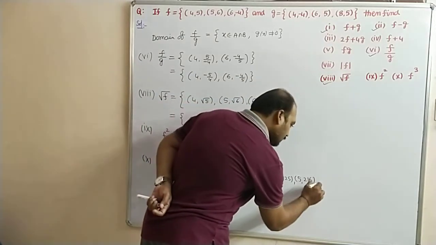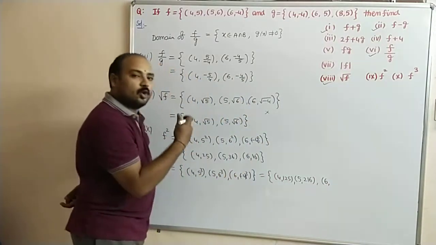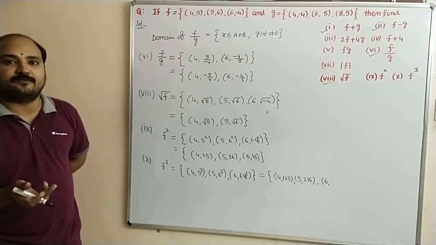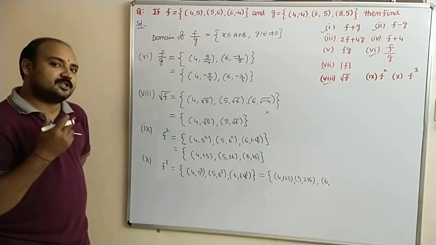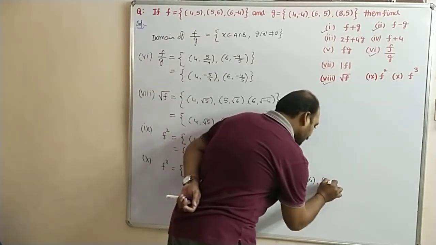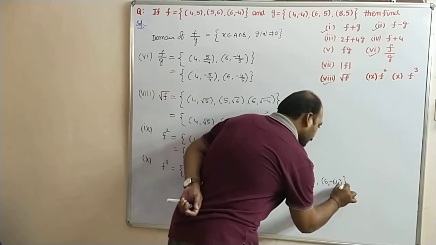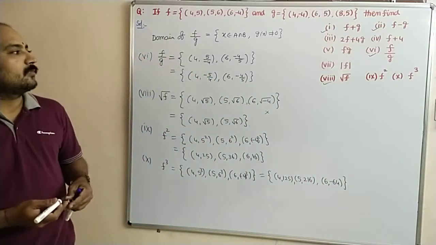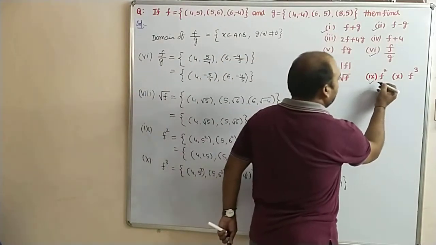Next, 6 comma minus 4 whole cube, minus 4 into minus 4 is 16, 16 into minus 4, minus 64. So these two also completed.